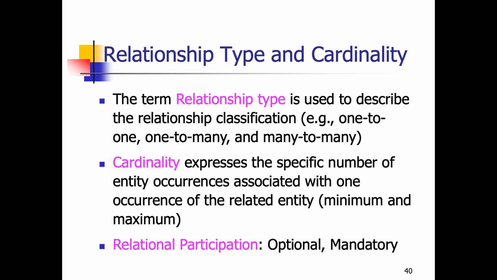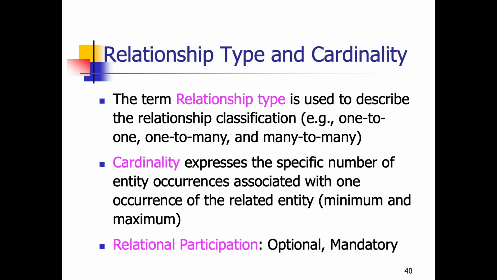Let's say our assumption is that each student should have one and only one supervisor. Is it mandatory to have any supervisor at all? Yes, so it is mandatory. And this is the sign.